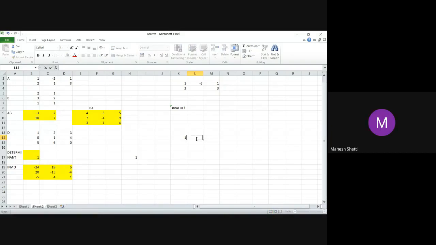First row 1, minus 2, and in the next row 2, 4.